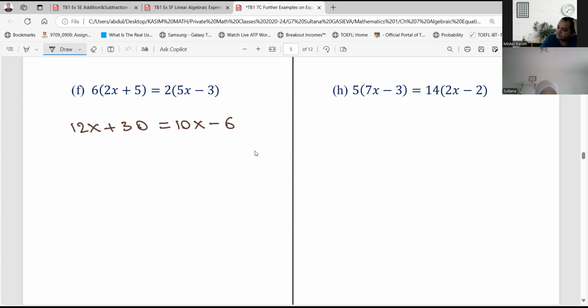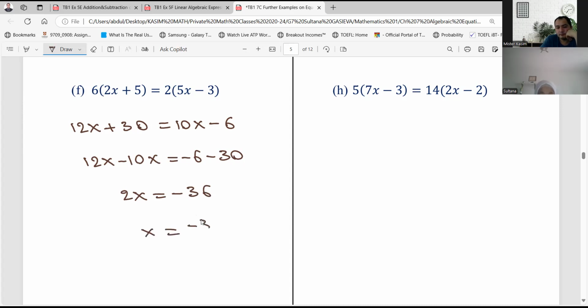And 12x minus 10x equals negative 6 minus 30. And then 2x equals negative 36. And then x equals negative 36 over 2. Final answer?